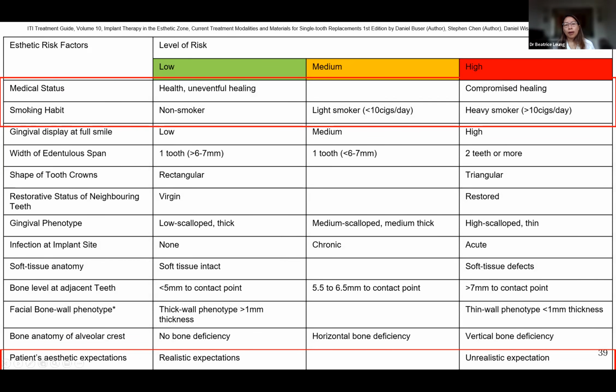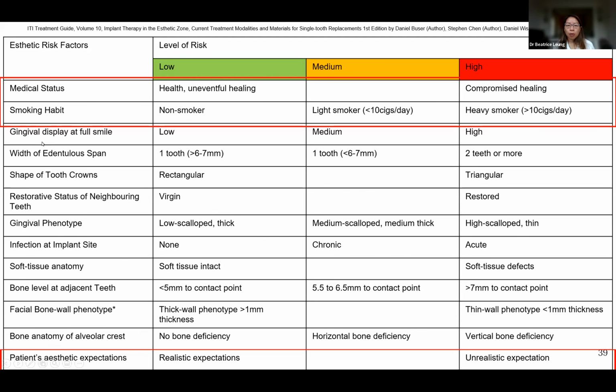Okay, so again, from my roadmap, we talk about patient factors, which really includes the medical status, does the patient smoke, and whether the patient has realistic expectations, right? There's the gingival biotype. If you have patients who have thick biotype, then the aesthetic risk is very low. But if you have a patient who has a very high scallop thin biotype, the aesthetic risk is high.